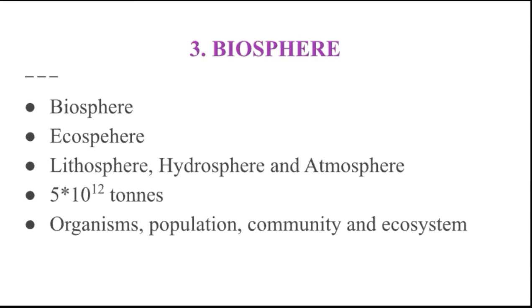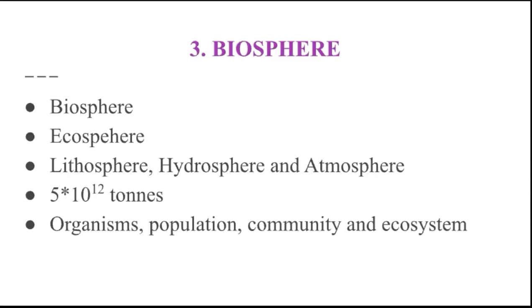We have seen in the biosphere that various types of organisms are present on the earth: various types of animals and various types of plant species are found on the earth's surface.